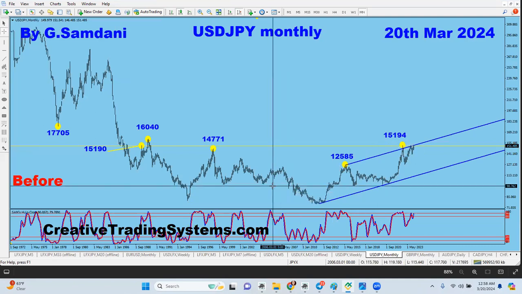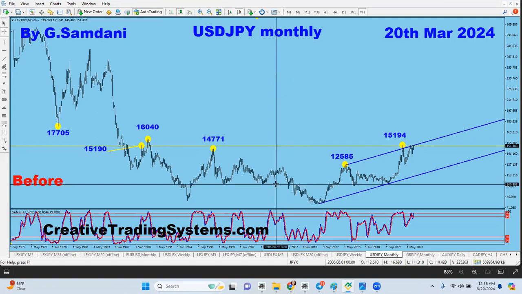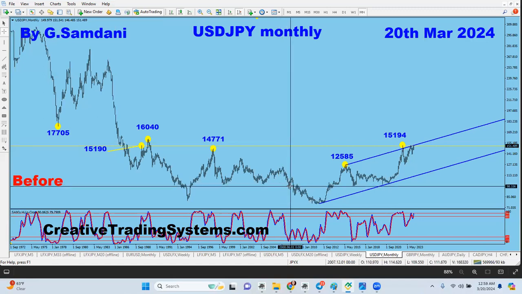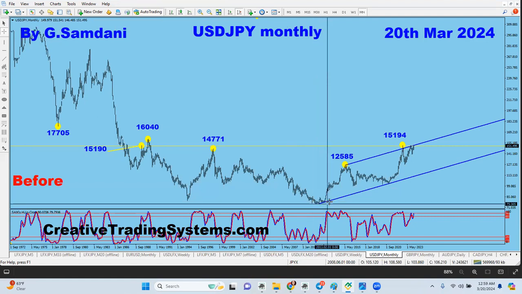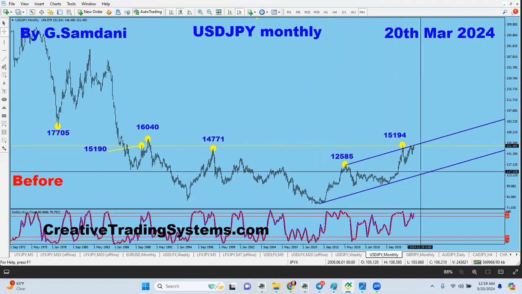So this is 2008, and then the crash happened, right? 2007, 2008, and that is the crash. Market crashed, and then after that, it started to recover. And this is A, B, and let's see where this C is going to stop.